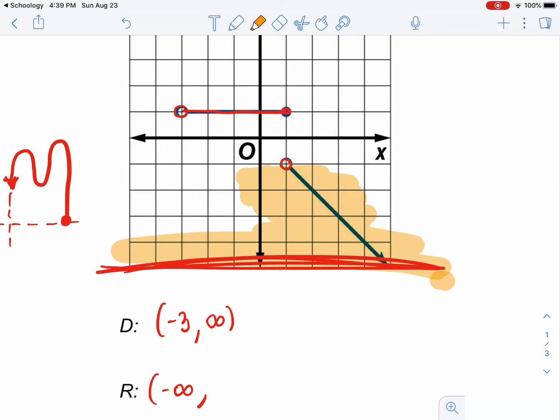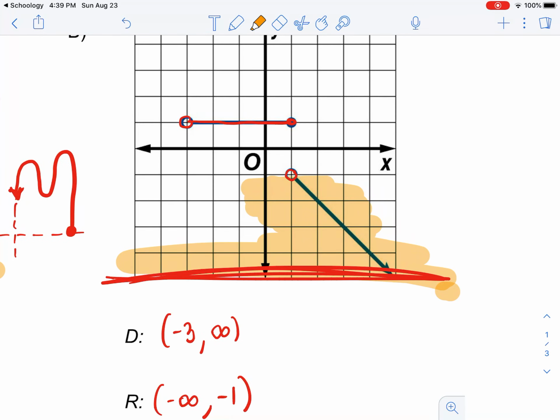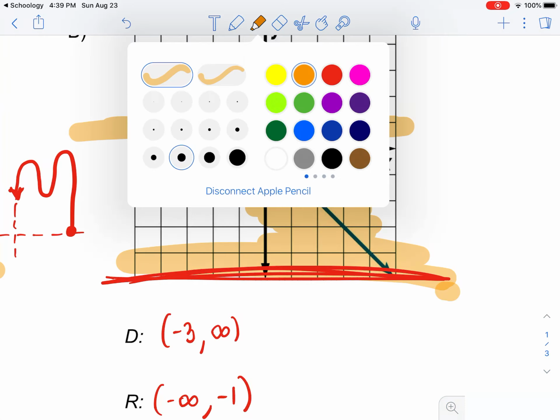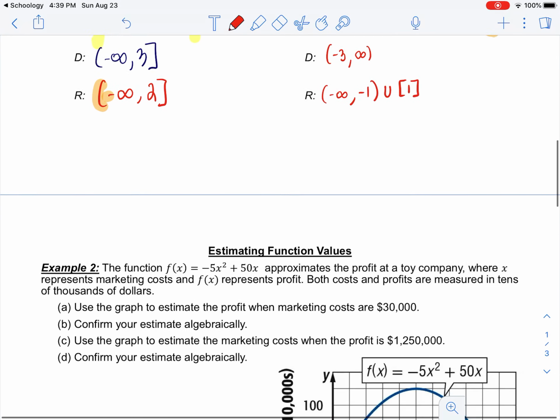There's still y values here, here, here, and then they stop right there. So I'm going to say my y values stop at negative 1, and it's an open point, so I'm not going to include it. But then I also have y values right here. That y value is a y value of 1. So I'm going to say union, and then the y value of 1. I want to use brackets around this because it's including the y value of 1. Okay.